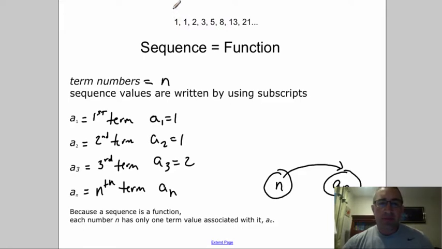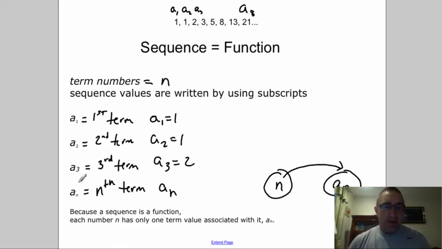Every term is represented by, again to review, a sub 1, a sub 2, a sub 3, and the 21 is actually a sub 8. So very important notation.